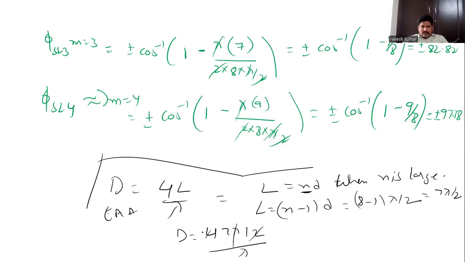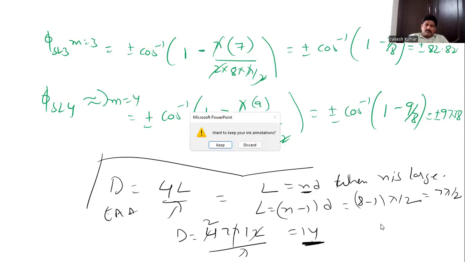Lambda cancels, 2 ones are 2, 2 into 7 is 14. So this is how you can calculate the directivity, beamwidth between first nulls, half power beamwidth, everything, for an end-fire array. Now let us solve another problem.